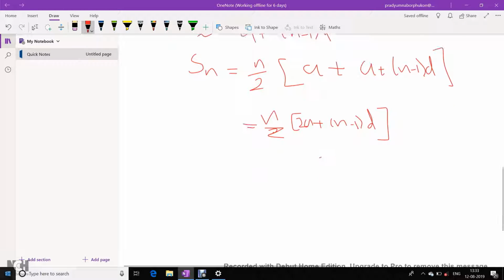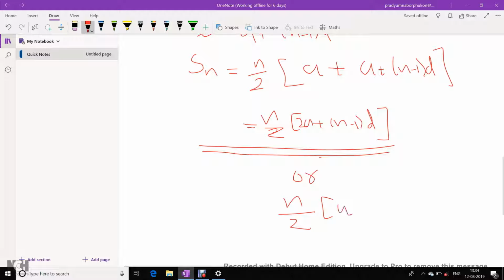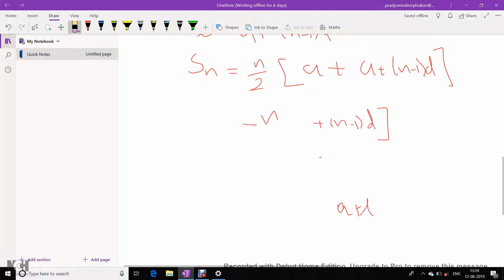This is the general formula for the summation of n terms in an arithmetic progression, or simply we can say n by 2 into a plus l, right? Now, as we have seen this formula, we can solve certain problems using it.